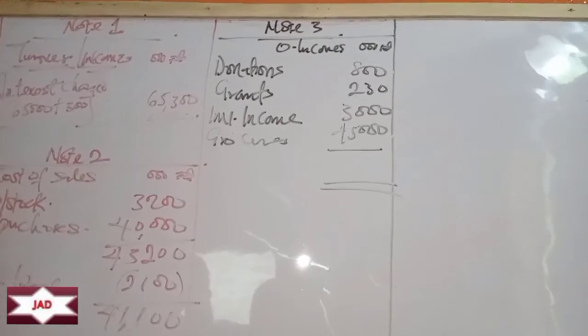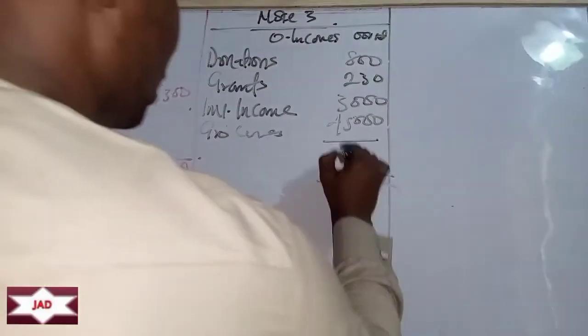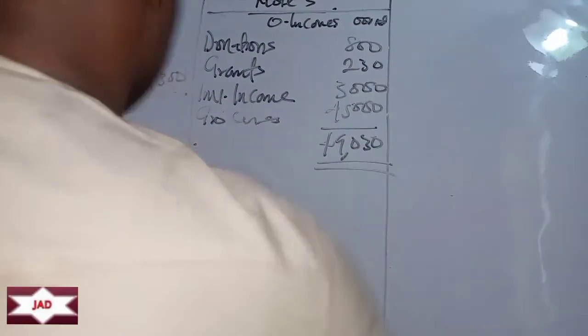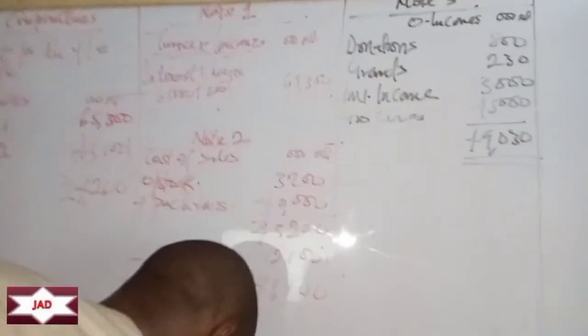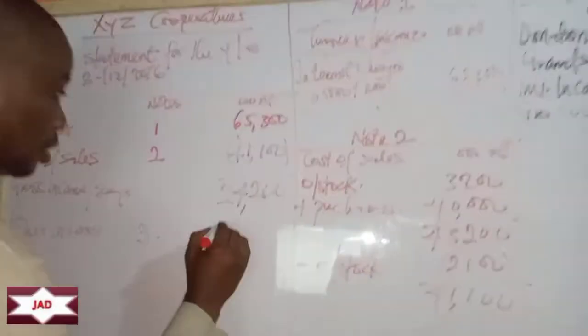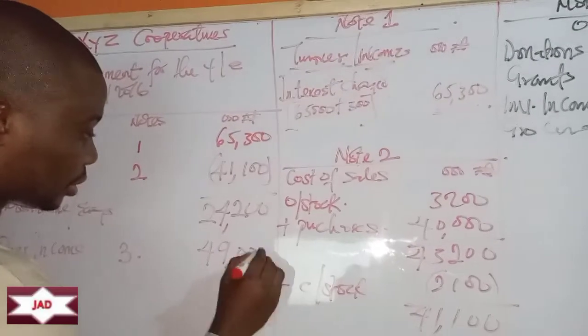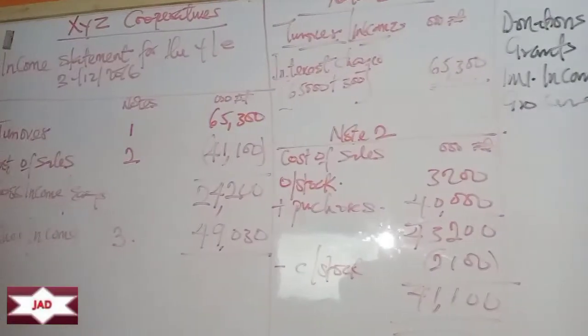We have 49,030. So we can come here and say other income, 49,030.